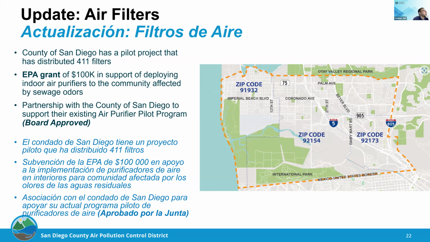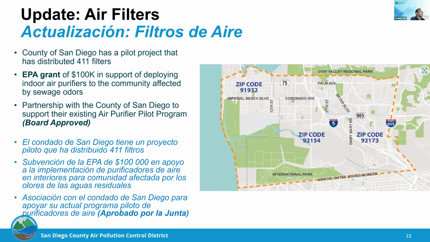In response to the ongoing Tijuana River Valley sewage crisis, in June of this year, the County Board of Supervisors allocated $100,000 in funding to provide free air purifiers to homes in areas affected by ambient odors. And so in August, the county coordinated registrations throughout the eligible area, as shown on the slide, and a randomized drawing from the registration pool to identify participants in the pilot program.